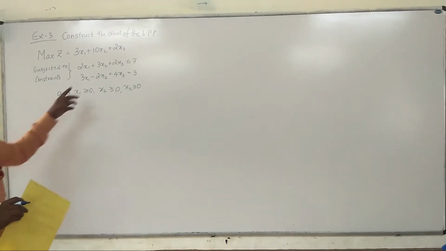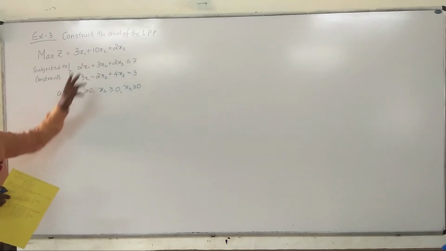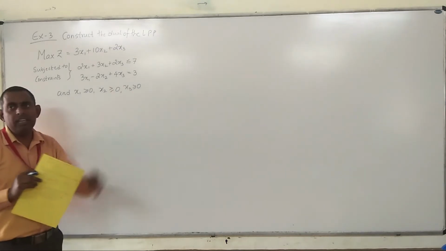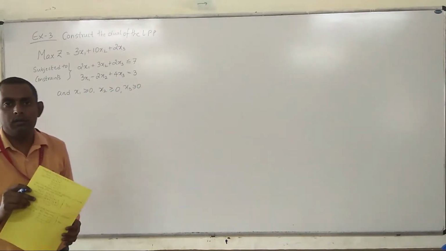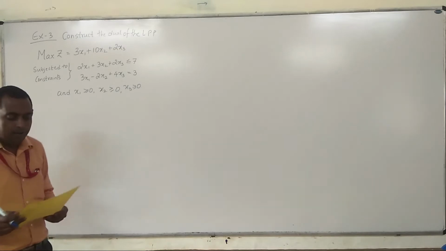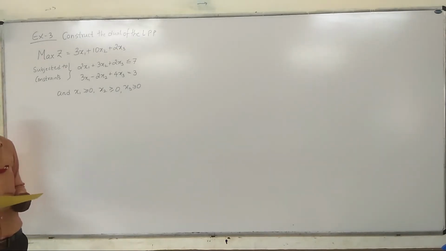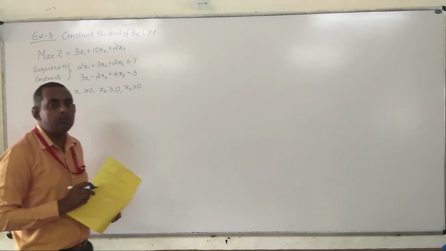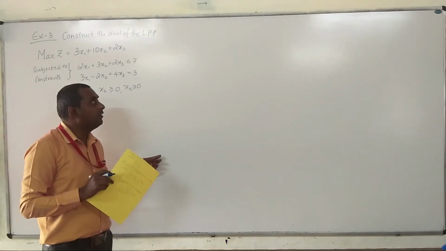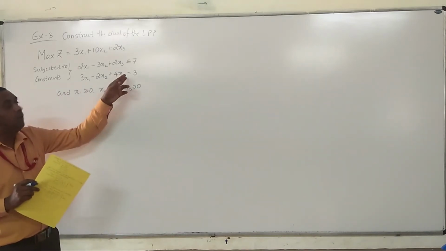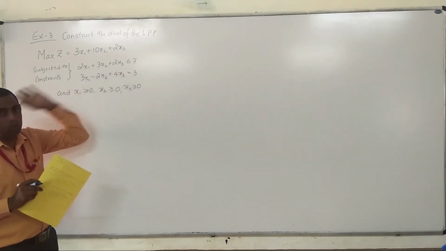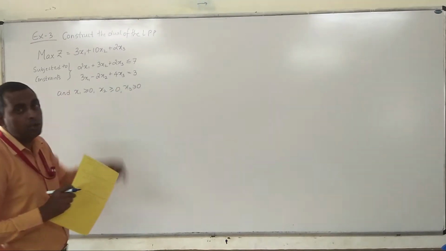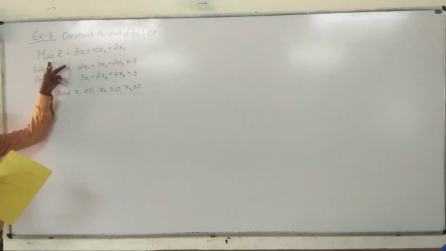So we have got three constraints here, but the given LPP is not in the canonical form. Why is it not in the canonical form? Because one of the constraints is an equality.